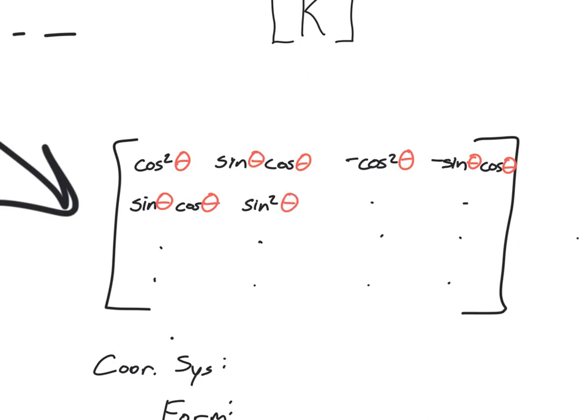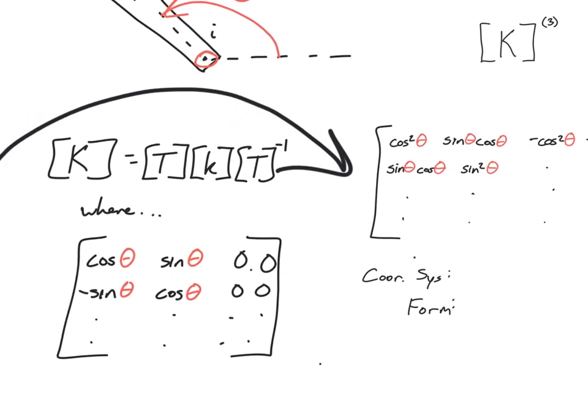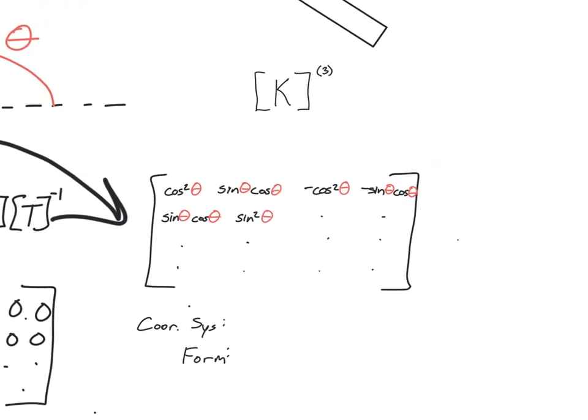So after we do this process, we end up with what I just wrote up here. So that is our stiffness matrix now. Our stiffness matrix is now in global coordinates. And the form, though, is still the element form.